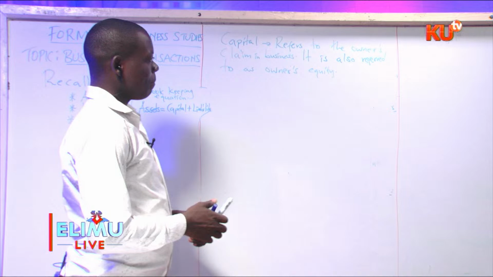Then we have motor van worth 200,000, furniture worth 200,000, and then stock 60,000, debtors 80,000.